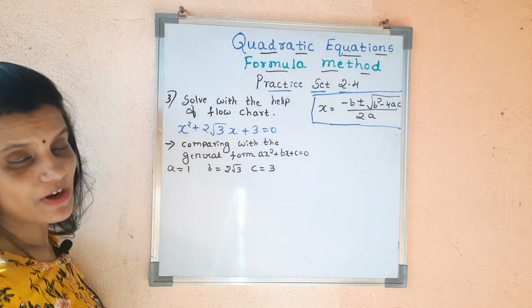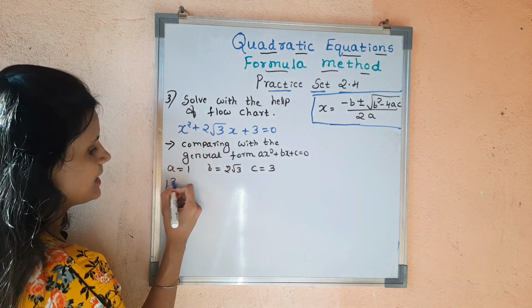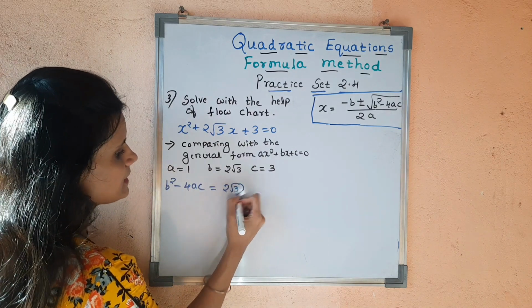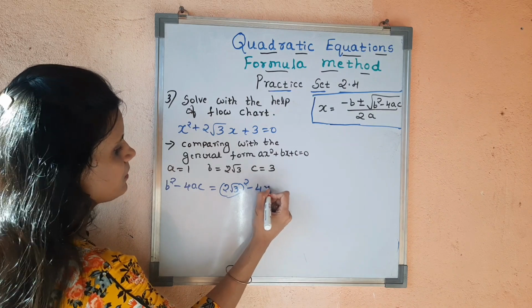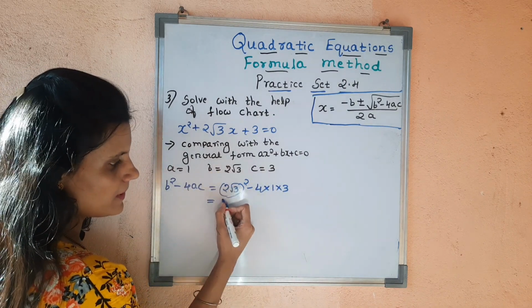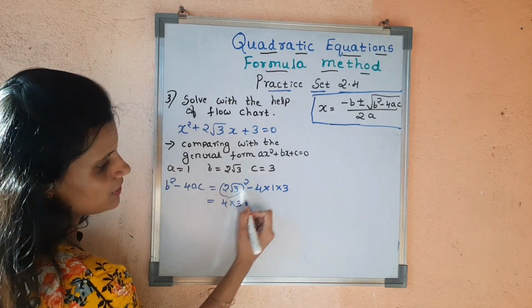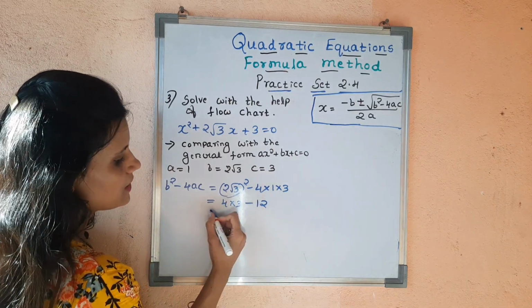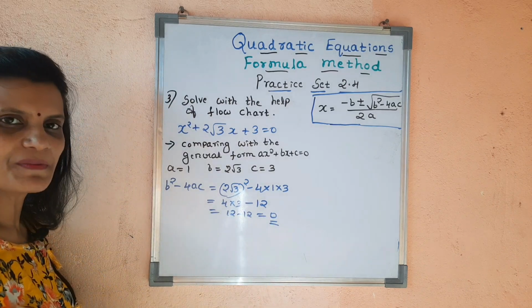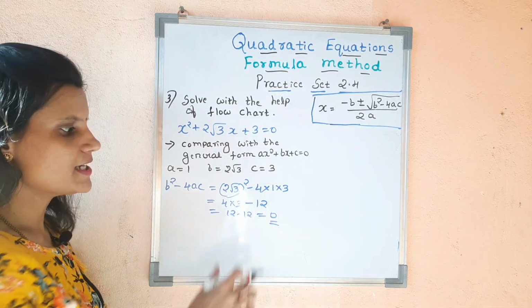Now we have to find out b square minus 4ac. b square, 2 root 3 square, minus 4, a is equal to 1 and c is equal to 3. 2 square will be 4 and root 3 square will be 3. Minus 4 3s are 12. So it will become 12 minus 12, which is nothing but 0. So your b square minus 4ac you got 0.